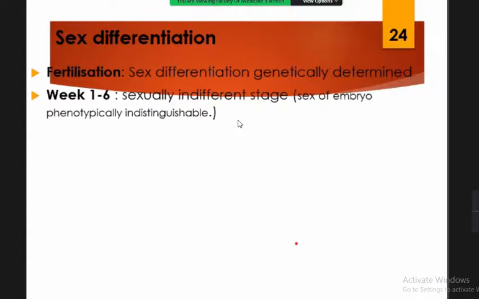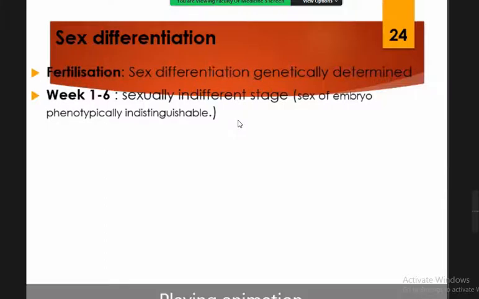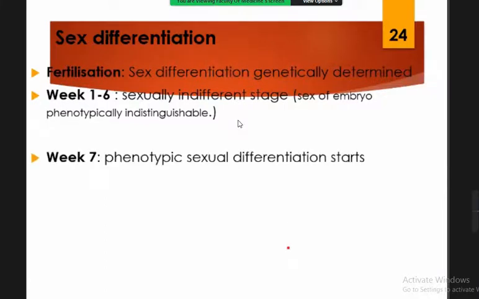Genetic differentiation occurs at fertilization. So from those weeks, we talk about indifferent stages because the embryos are indistinguishable. And at week 7, phenotypic differentiation starts.